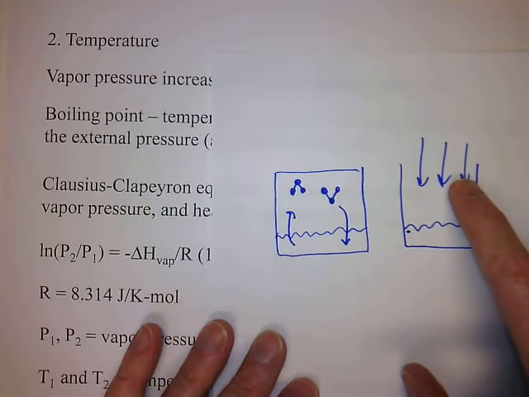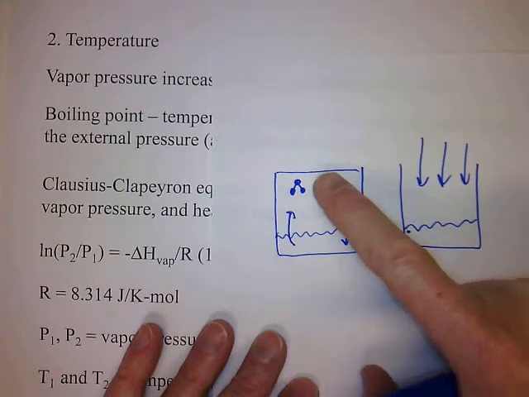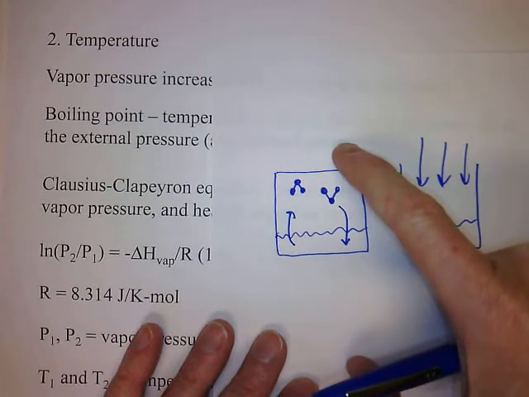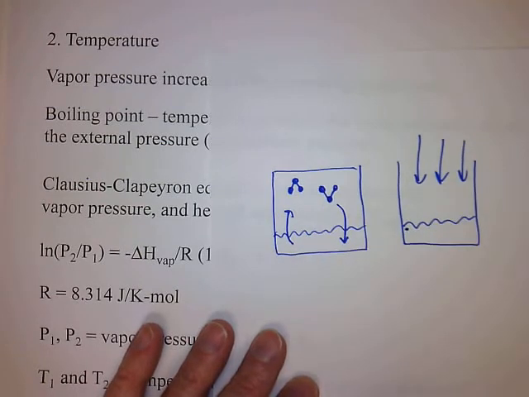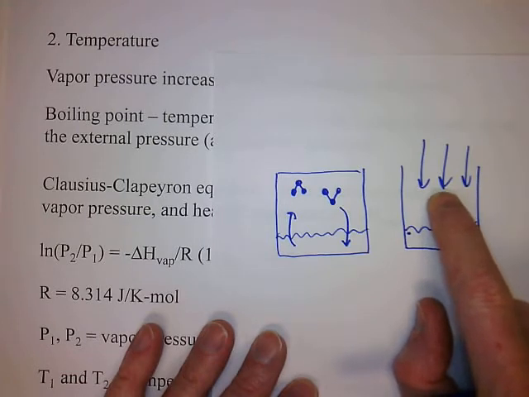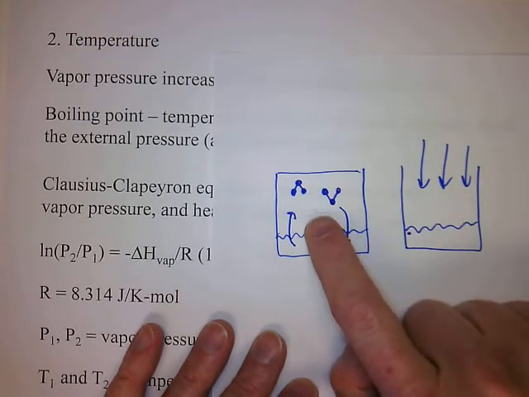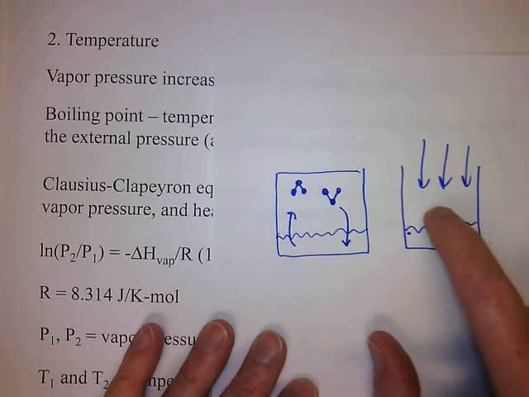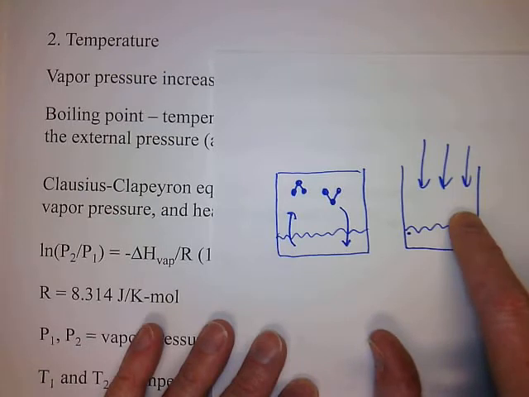Now, if the flask is sealed and we hook a vacuum pump up and suck the air out, we can make the water boil at a lower temperature because we're reducing the pressure on the surface of the liquid.